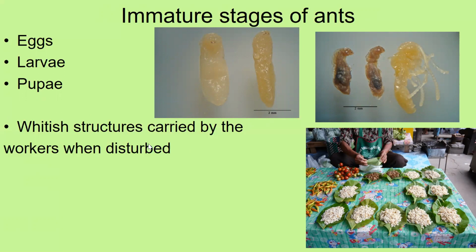Those are eggs, larvae, or pupae. This shows two larval instars. Within the larvae also they have several stages, called instars. So you see two larval instars here. You see here pupal stages, several pupal stages. And I will explain this at the end of this talk.